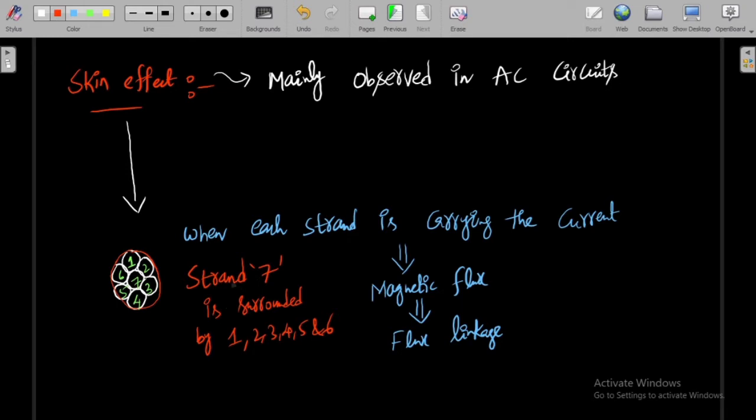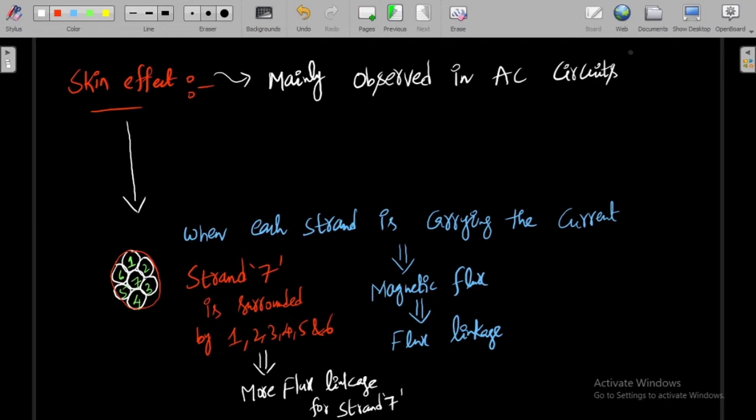Now strand 7 will have the flux linkage due to the current flowing through the first, second, third, 4, 5, 6 strands. So we can say that strand 7 has more flux linkage.